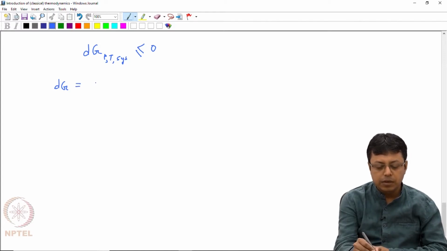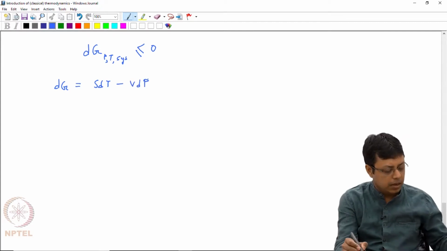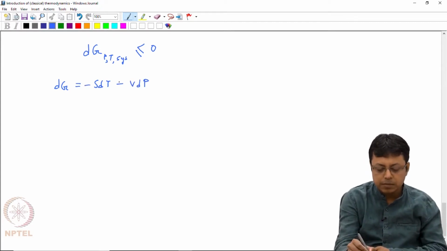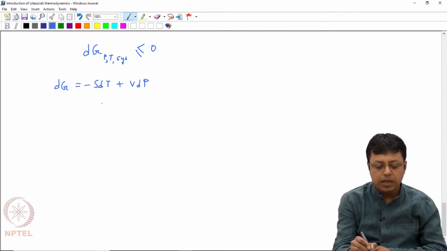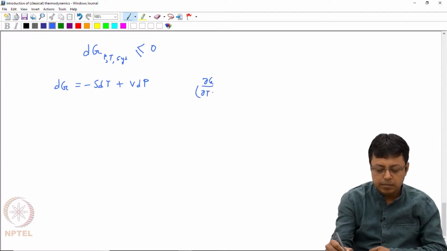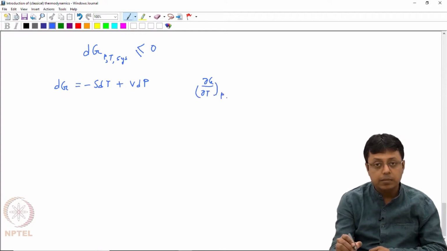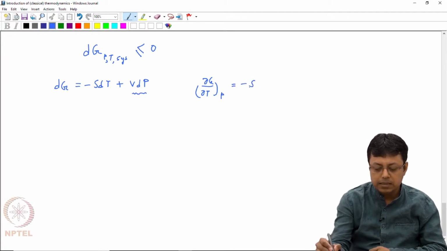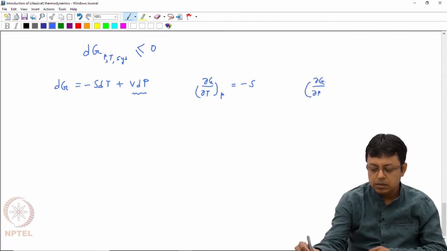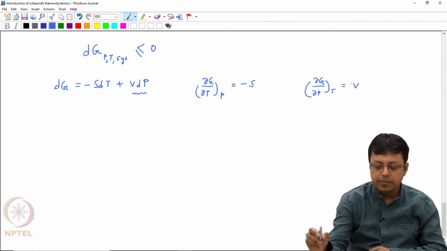So dG will be minus SdT plus VdP, and then we can very easily see that (del G/del T) at constant P, if I keep the pressure constant, this term goes to 0, and that will be nothing but minus S, and similarly (del G/del P) at constant T is V. Now what are the implications of this equation?